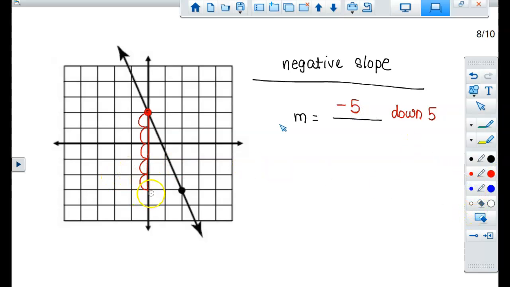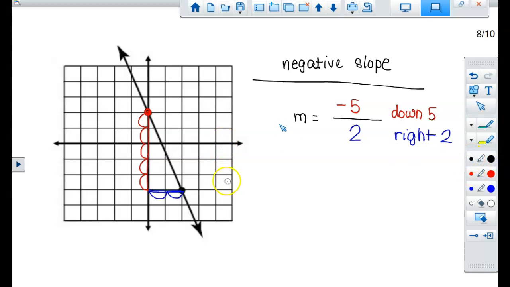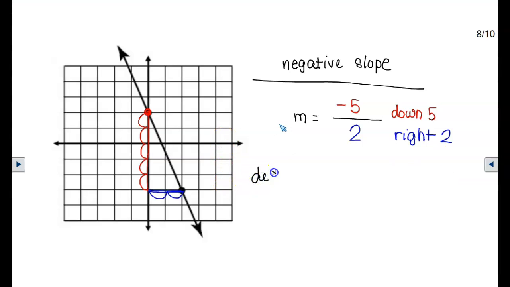All right, when I run then, I'm going to run to the right. So notice I run to the right 2 spaces. So that's going to be a +2 because I'm going to the right. All right, on my calculator now, I've got my 2 numbers. I'm going to type in -5 divided by 2, which will give me -2.5.